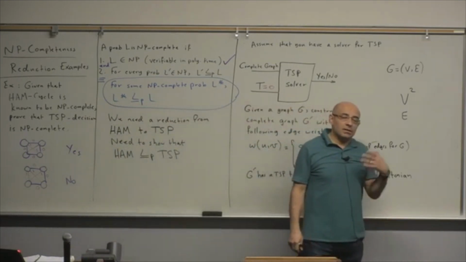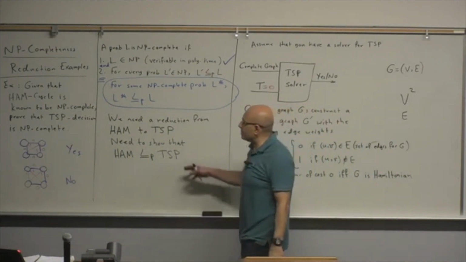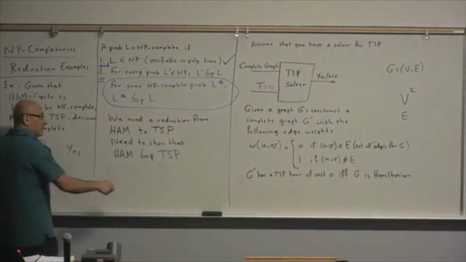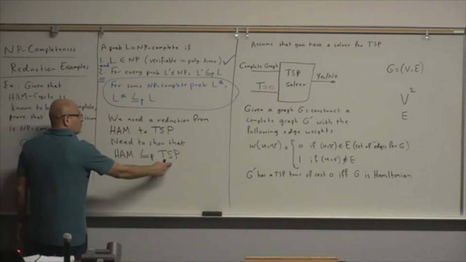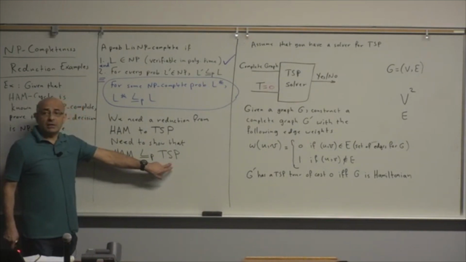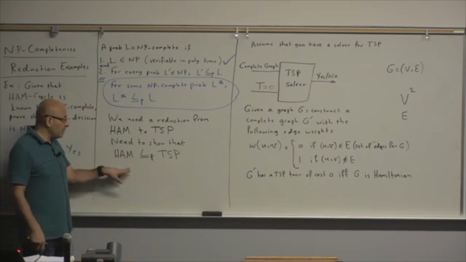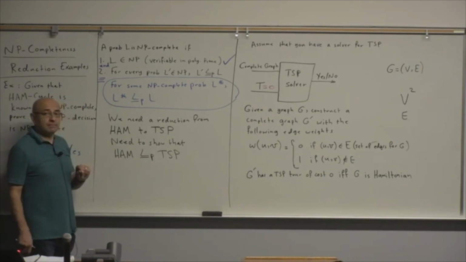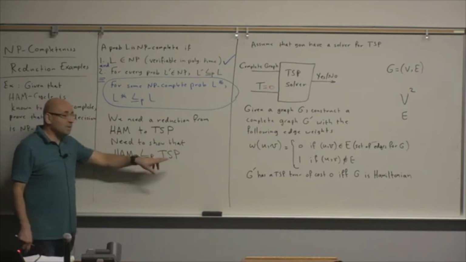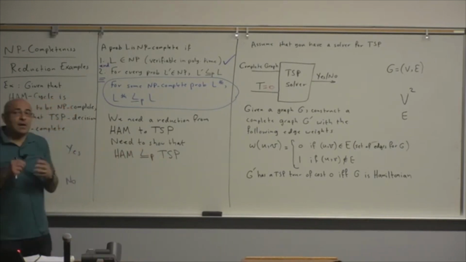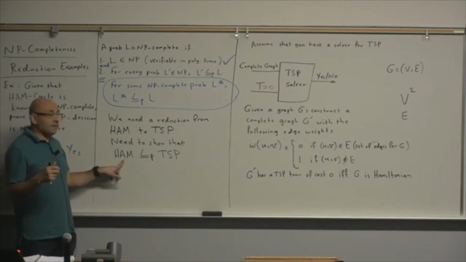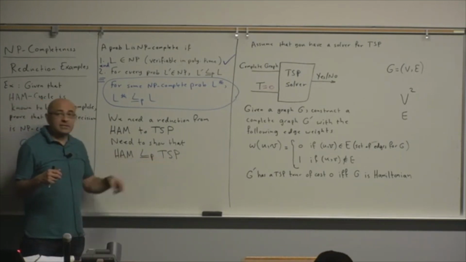So this is another way of looking at this. But the easiest way is to just think of the reduction as proving that the problem that you reduce to is harder or more general than the problem that you are reducing. So when you reduce Ham to TSP, you are showing that TSP is harder, is more general. Any instance of Ham can map to an instance of TSP.